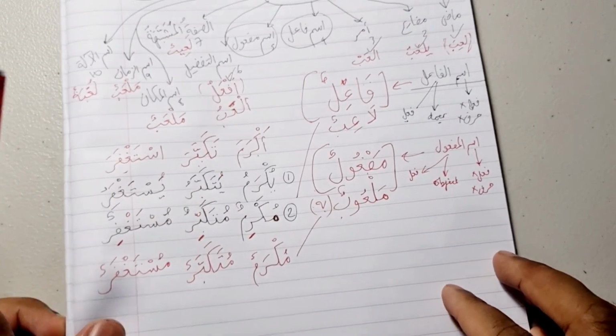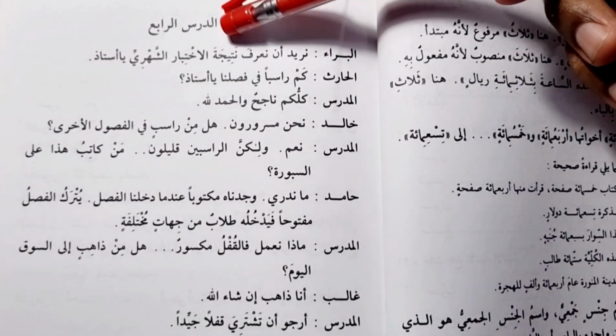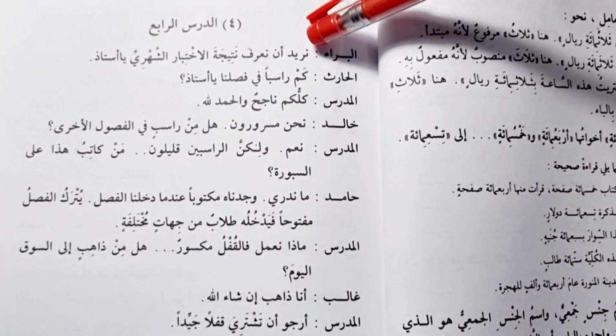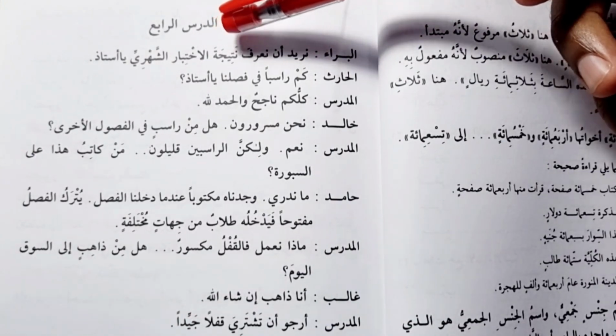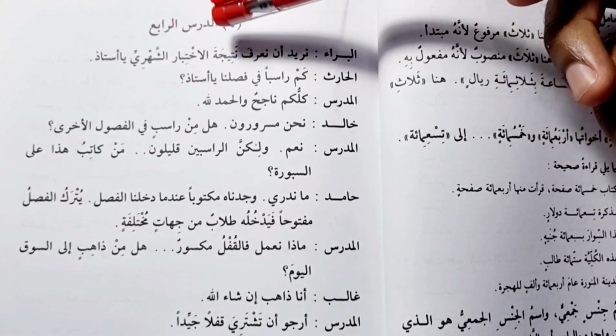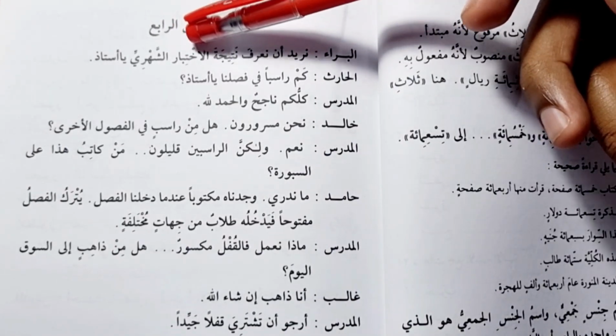So if we've understood this, then we can read today's lesson. This is the lesson, a conversation between the teacher and some of the students. Al-Bara says, نريد أن نعرف نتيجة الاختبار الشهري يا أستاذ. We want to know. Natija is the result. Al-Ikhtibar, the result of the exam.